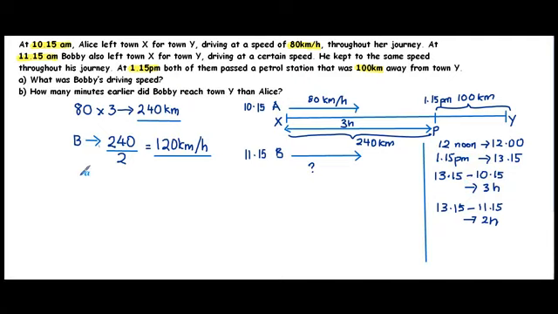So Alice's time would be 100 kilometers, which is the distance, over Alice's speed of 80 kilometers per hour, and this would give us 5 over 4 of an hour.